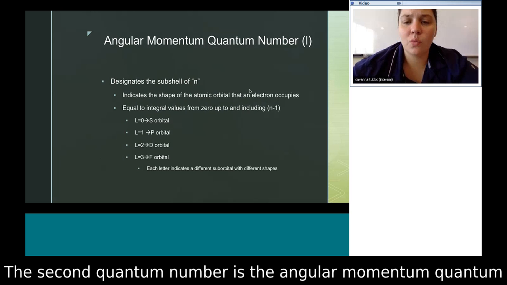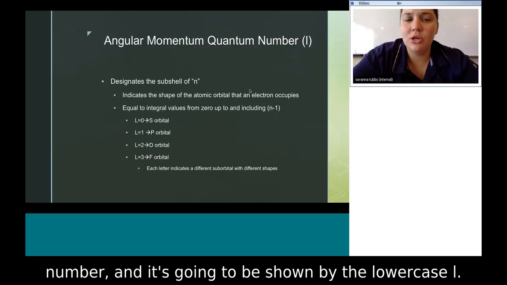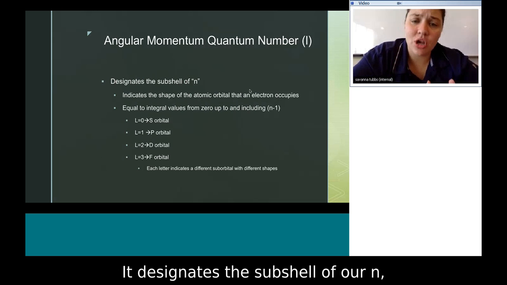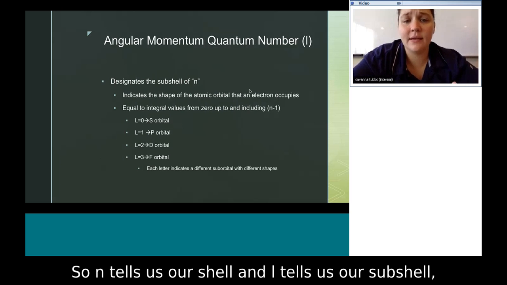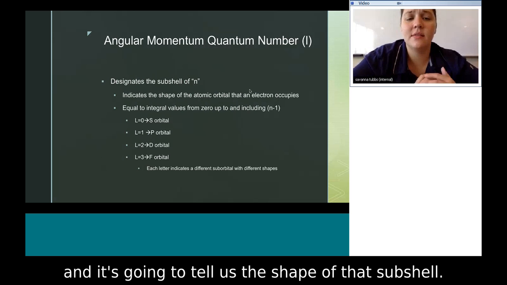The second quantum number is the angular momentum quantum number, and it's shown by the lowercase letter l. It designates the subshell of our n, so they're all going to relate to each other. n tells us our shell, and l tells us our subshell, and it's going to tell us the shape of that subshell.